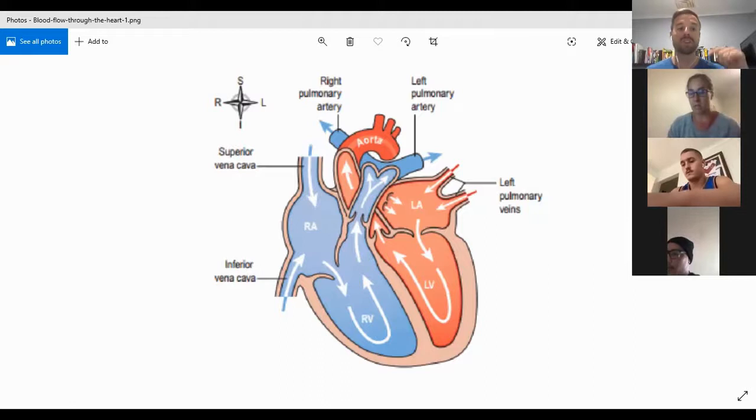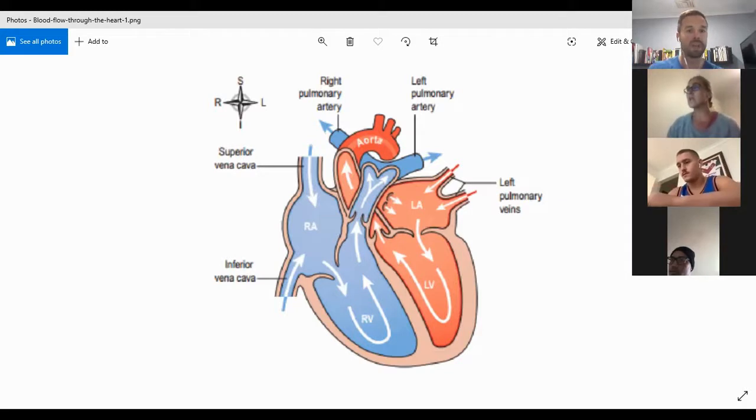So number two's role is to bring deoxygenated blood from the upper body into the right side of the heart. Imagine all the blood in your head, neck, shoulders, chest, arms that has no oxygen in it. That big, thick venous blood is going to come back through number two. And then you can see there, it attaches into the back of the right side of the heart there.